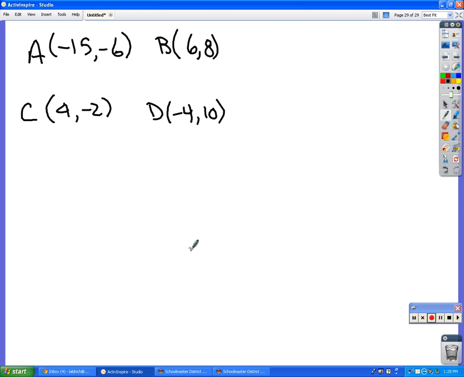Would they be perpendicular to each other, or perhaps they would just randomly cross, there'd be nothing special about them at all. So how can I figure that out without graphing them?